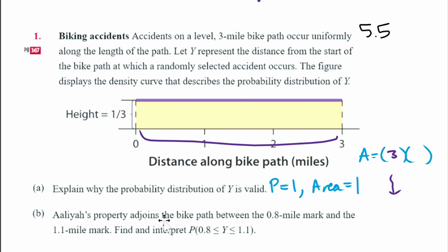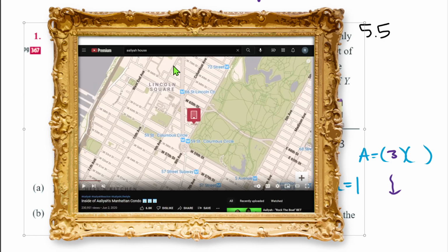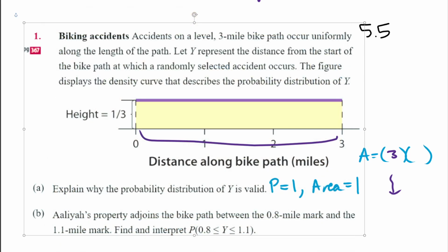Now, this is a silly question in a way because they use the name Aaliyah. Aaliyah's property adjoins a bike path, and Aaliyah is the famous R&B singer who tragically died in a plane crash in 2002. If you haven't heard of Aaliyah, she's a terrific artist. I actually looked up, because what they're saying here is that Aaliyah's property adjoins a bike path. Why? I don't understand.